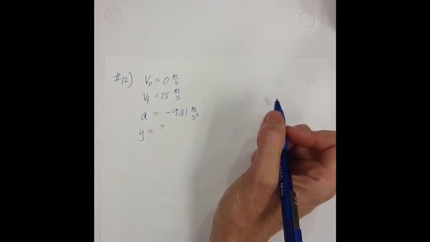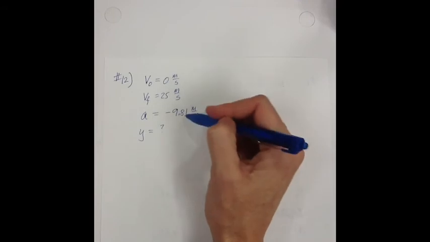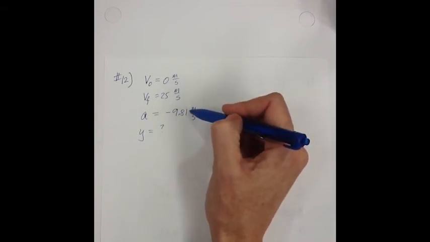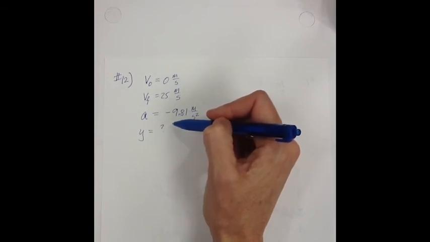And so there's a couple different ways you can go at this. You can use the first part of this, so you can use the initial and final velocity plus the acceleration to solve for time. And then once you have your time, solve for position. And that's probably the way that would make most sense for you to take a look at how to do this.